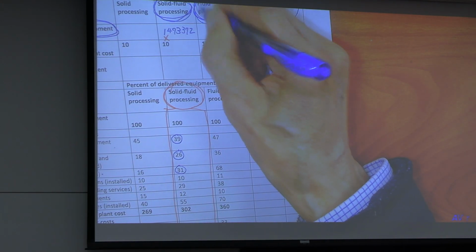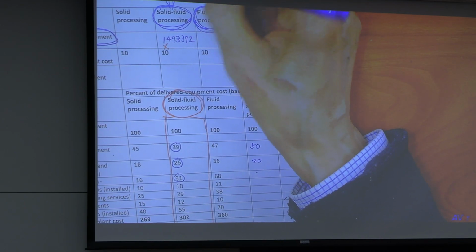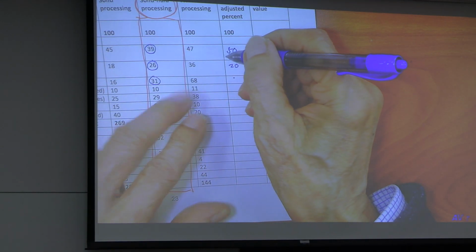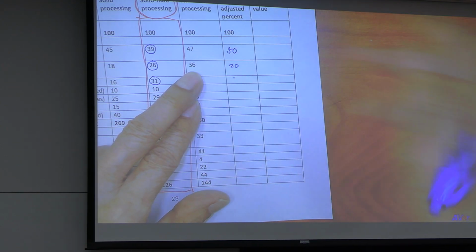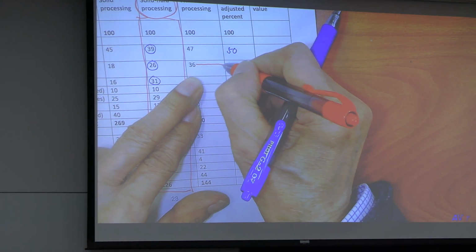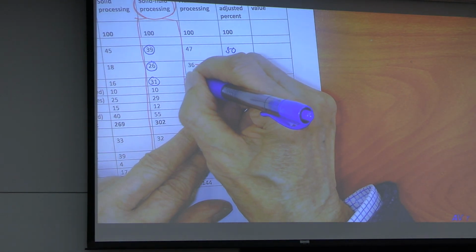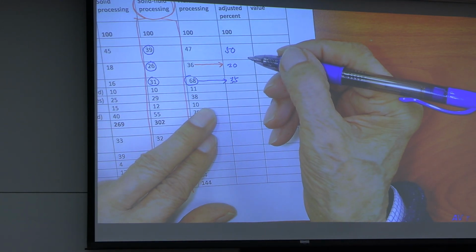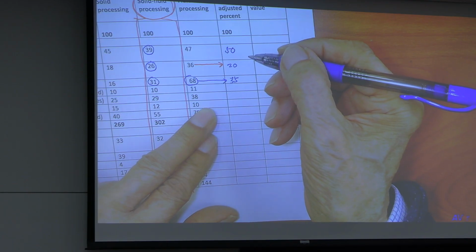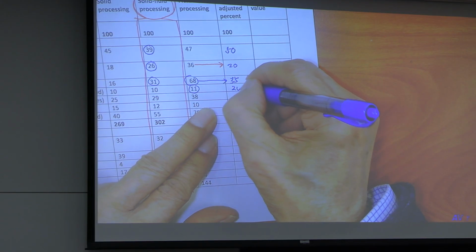Solid is tiny, right? Suppose I use this column, not that column. Okay? So what they say essentially is this process requires less control instrumentation. Piping 68, 35 is sufficient. Electrical 11, I use 20. Okay?